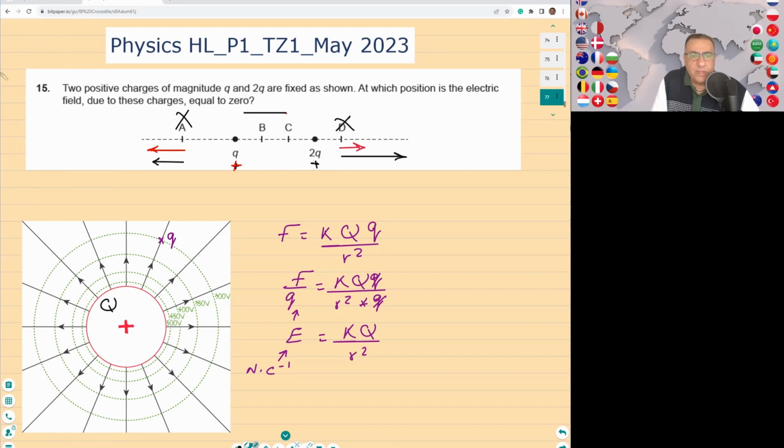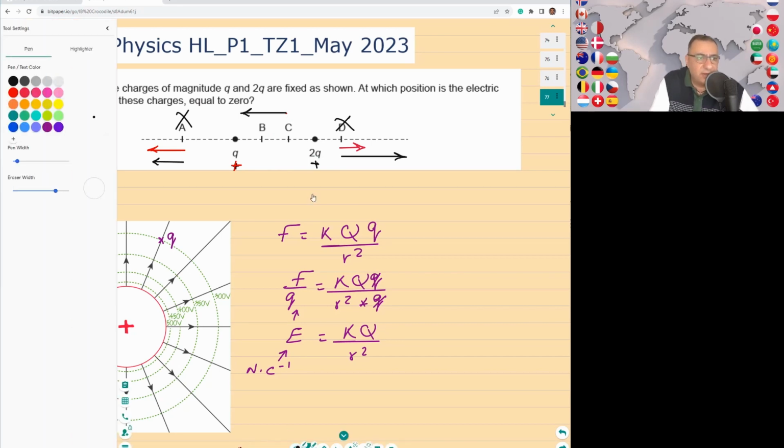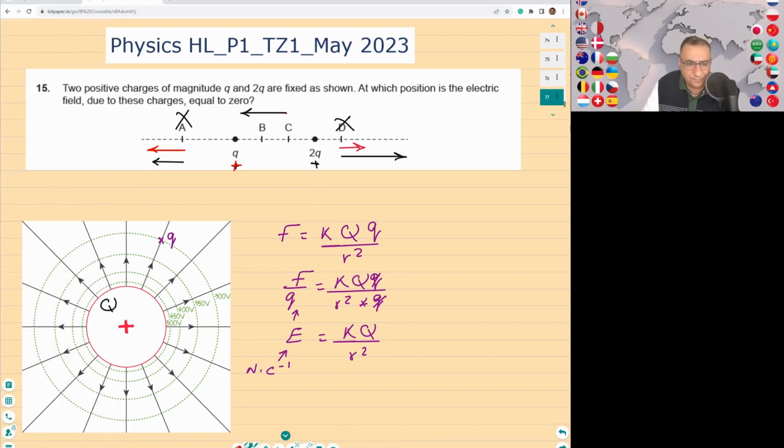Now, at point C, here we have another field due to Q, but it's going to be that way. What is the field in red compared to the black? C is further from Q, and Q is also smaller in magnitude than 2Q. So there's no way the field strength will be equal.